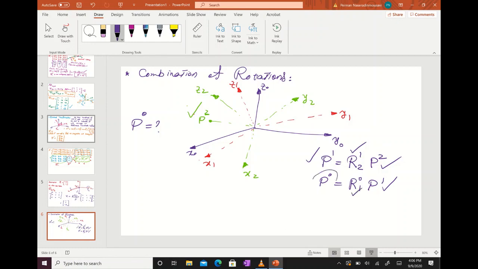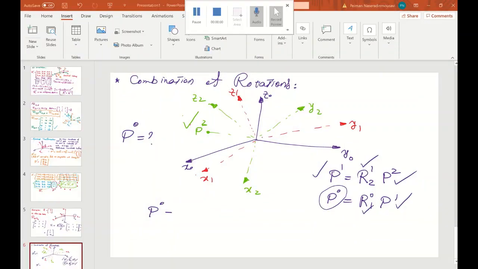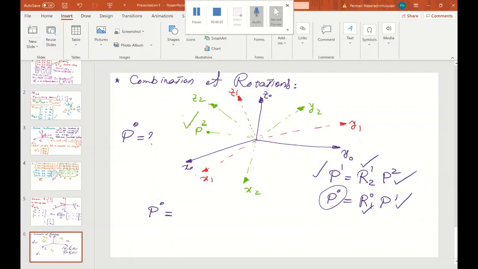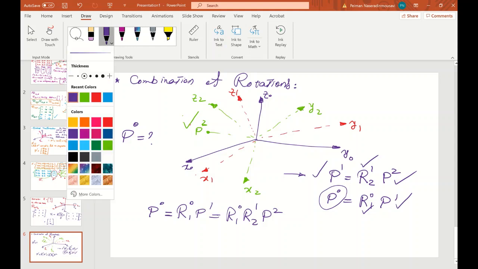On the other hand, P naught is going to be R1 with respect to 0, and now R2 with respect to 1, and the P2. Bingo, that's right.